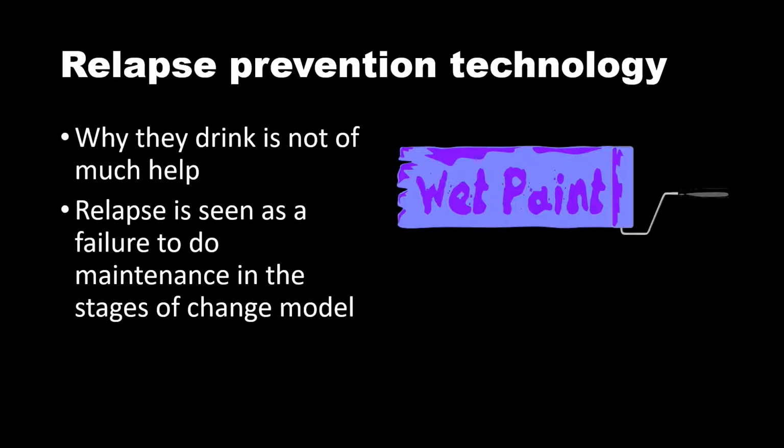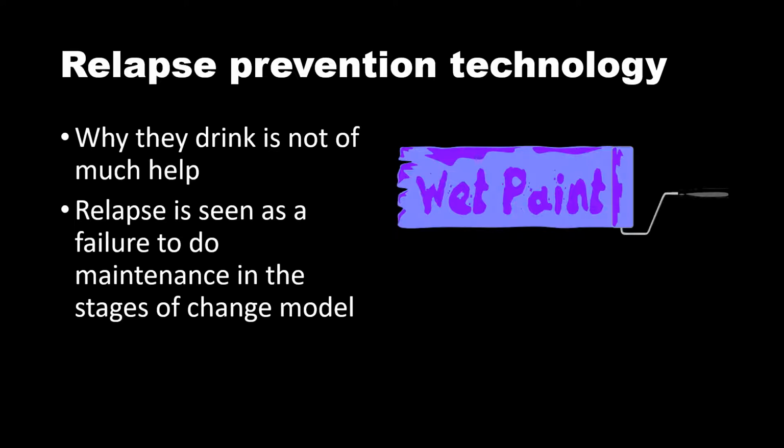Another important topic covered in treatment is relapse prevention, and there's a technology for preventing relapse. Often, it's tempting to look at why they drink, childhood experiences and emotional issues and hardships. But knowing why you drink is not necessarily a help in not doing it.